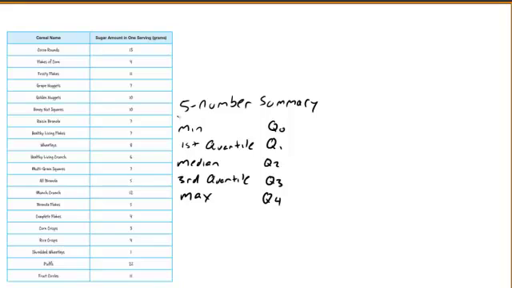Okay, so in order to find my 5-number summary, the first thing I need to do is write all my numbers in order. So I'm just going to take each number, find the smallest, and move up to the largest. My first number is 1. My second number is a 3.